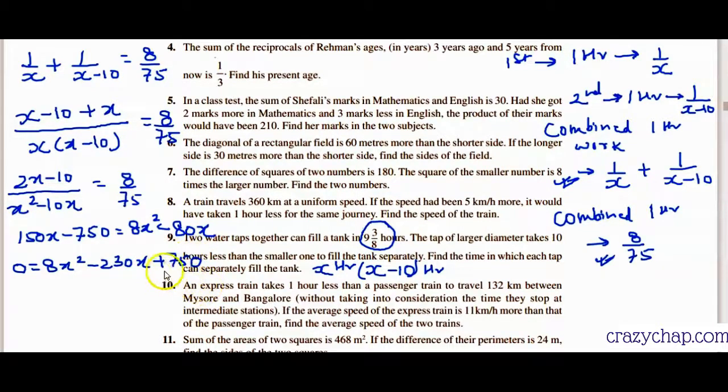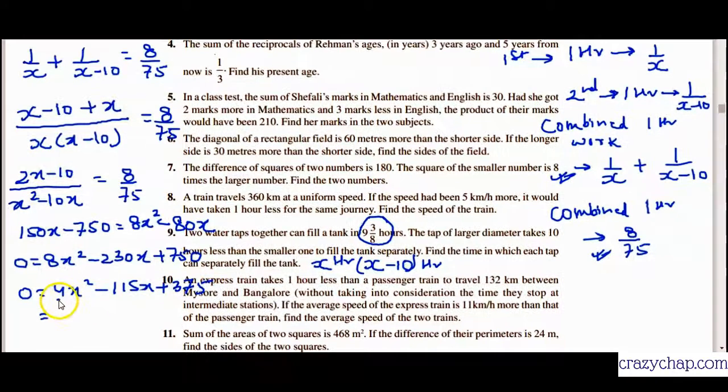Hope it makes sense. Now all the terms can be divided by 2. So we get 4x square minus 115x plus 375, and we'll solve for x, right?